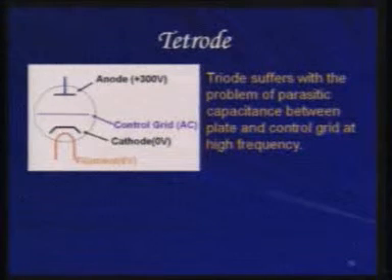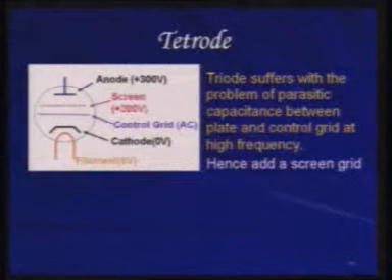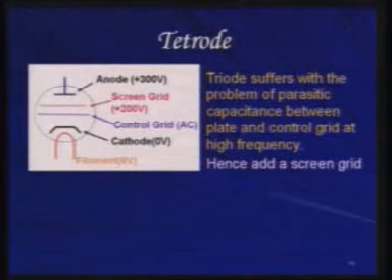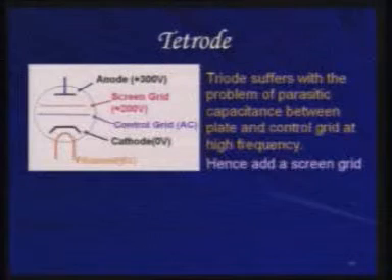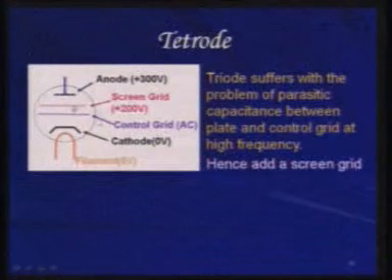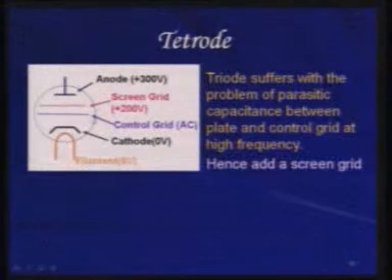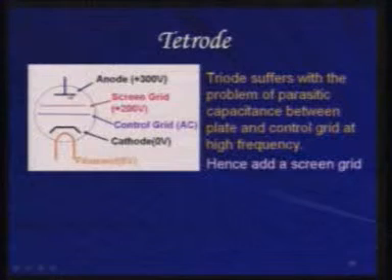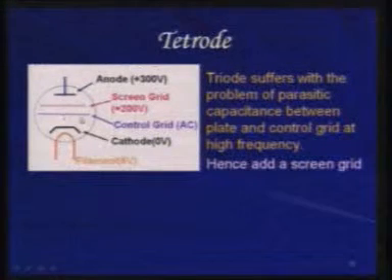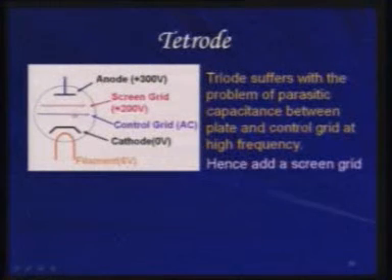To do that, there is another important way, and this is what is called a screen grid. Now we have additionally introduced another grid here. This grid is essentially kept at a potential which is positive but which is lower than the anode. So you are not stopping these electrons from going there, but now you have isolated this 0 volts and 300 volts by this additional positive potential here.